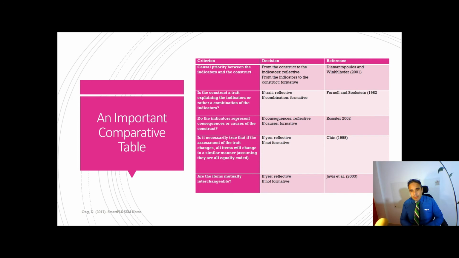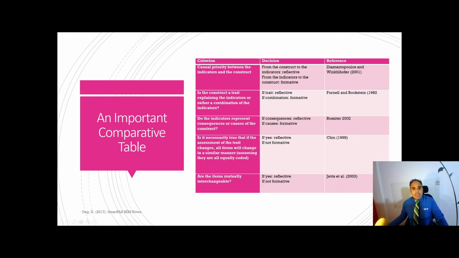I made this table, and it is a very good comparative table, because if you are not sure what type of model your SEM is, or what type of modeling your SEM should follow, then have a look at this table. You get the criterion here, you get the decision, and you get very good references.